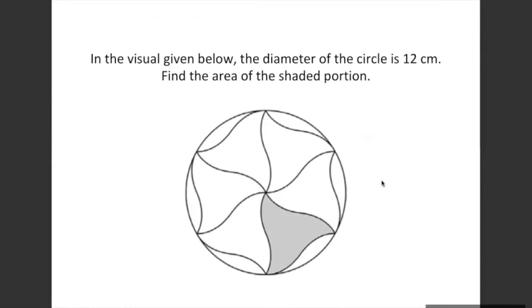So you're given this kind of complex figure, and what you have to find is the area of the shaded portion. Any suggestions how we find the area of the shaded portion?